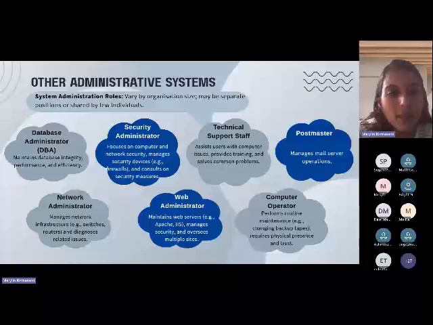If we look at a web administrator, the role of a web administrator is to manage the web server services, okay? They are also responsible for maintaining internal and external websites.